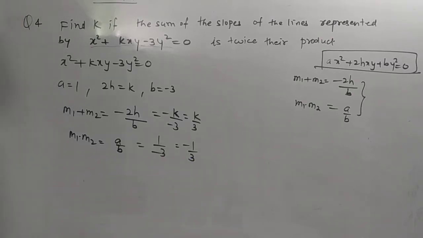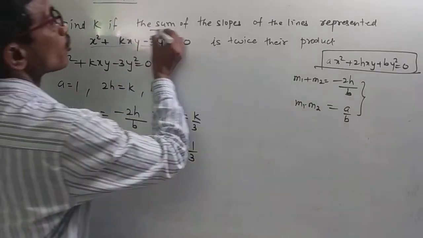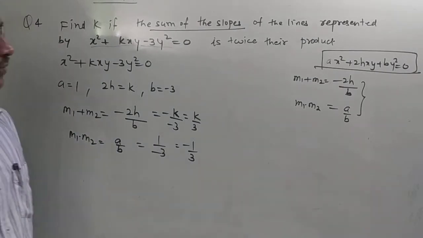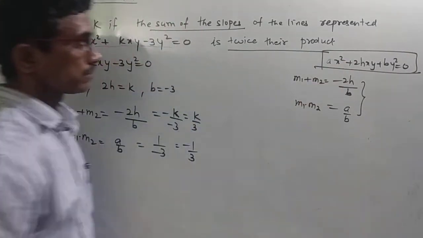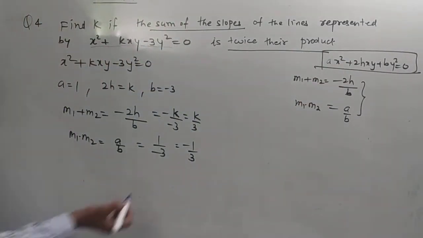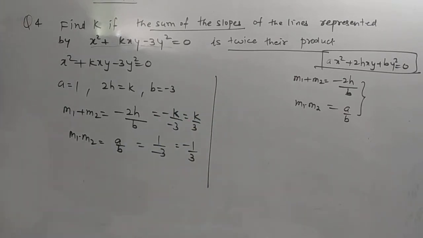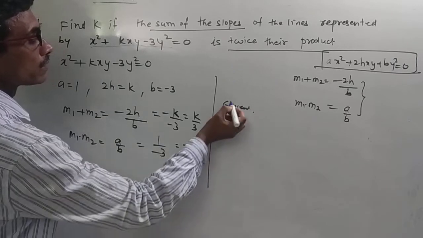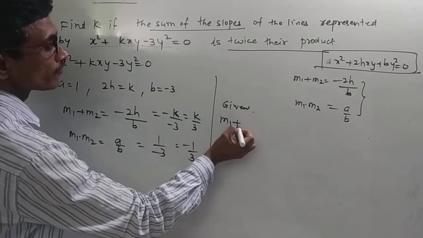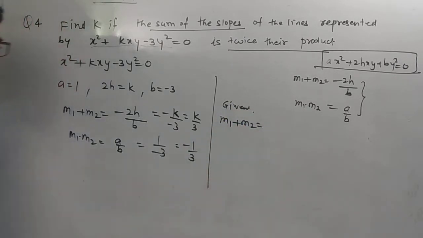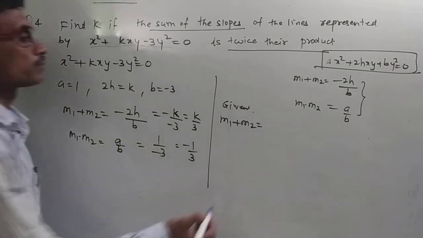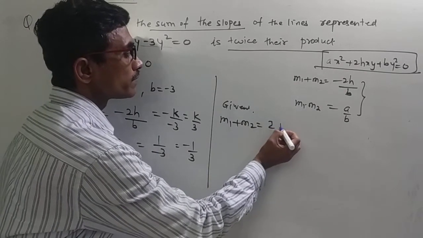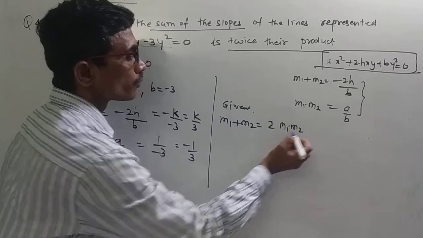What relation is given? Sum of the slopes is twice their product. So what is given here? The sum of the slopes, m1 plus m2, is 2 times the product of the slopes.